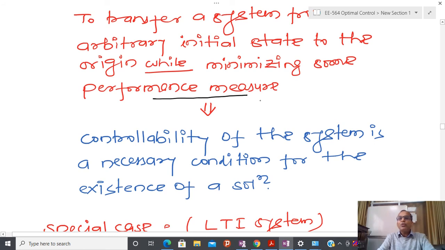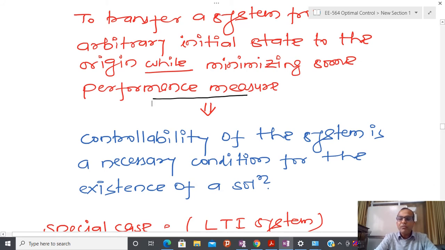So in the optimal control problem also I have to move from one point to another point, but only one extra component is involved, that is the performance measure, and we have to minimize that. Again, controllability of the system is the necessary condition for the existence of a solution, because we have to move from one point to another point, and due to that reason we have to check controllability.